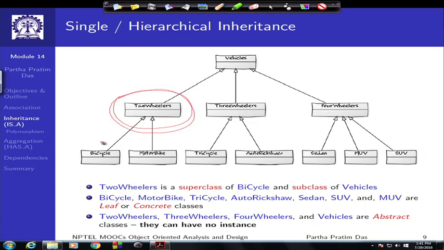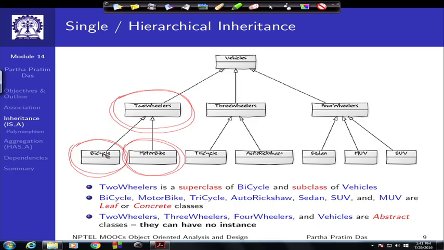Then you can say that two-wheeler in turn could be specialized into a bicycle or a motorbike. Both of them have a lot of things similar, two wheels, balancing required and all that, but the two-wheeler does not specify the source of energy that is required to move the vehicle. When you come to this level, the source of energy basically distinguishes between a bicycle two-wheeler and a motorbike two-wheeler.